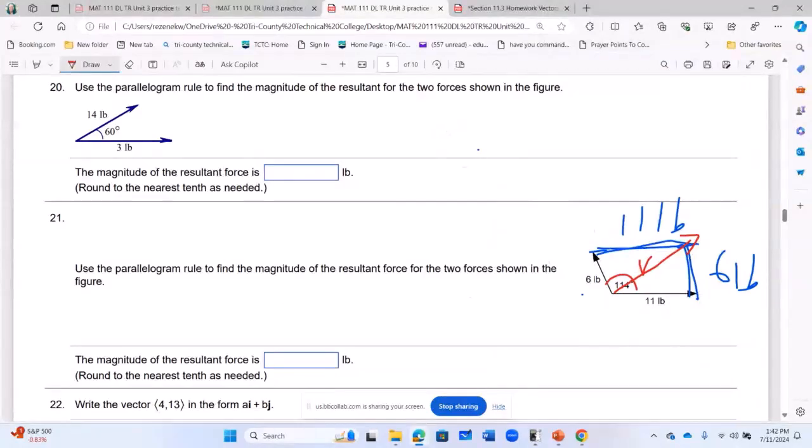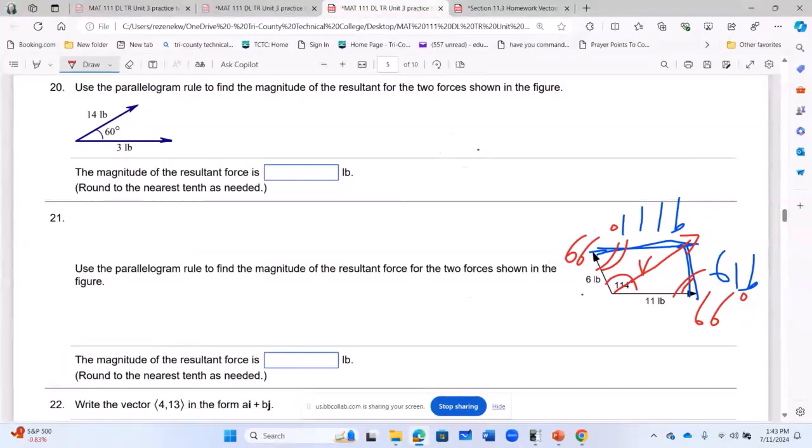So the angle here is 66 degrees. And the angle here is also 66 degrees. Opposite angles are congruent. The diagonals do not bisect the angle.